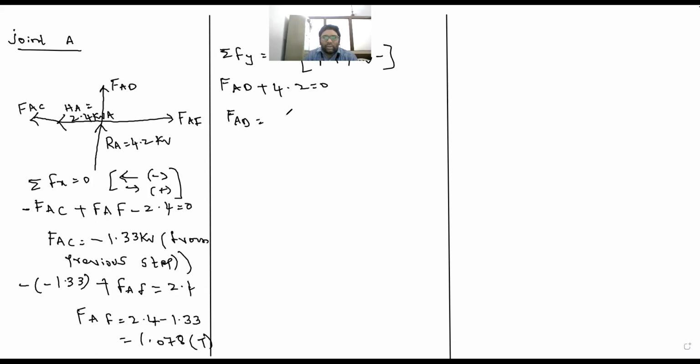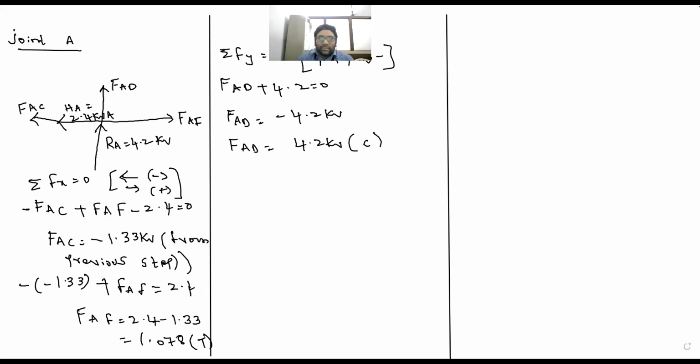FAD is equal to minus 4.2 kilonewton. That means FAD is 4.2 kilonewton, and it is compression. T means tension, C means compression. Okay.